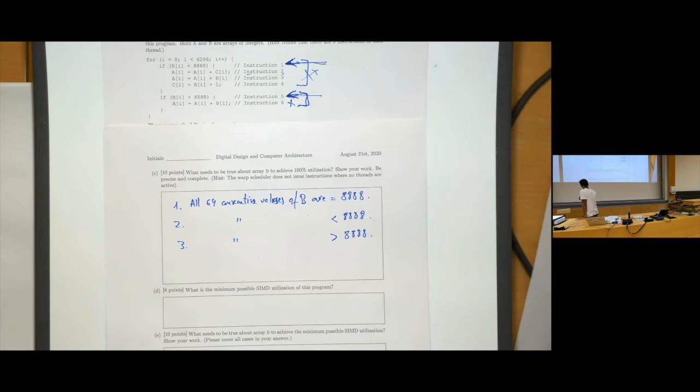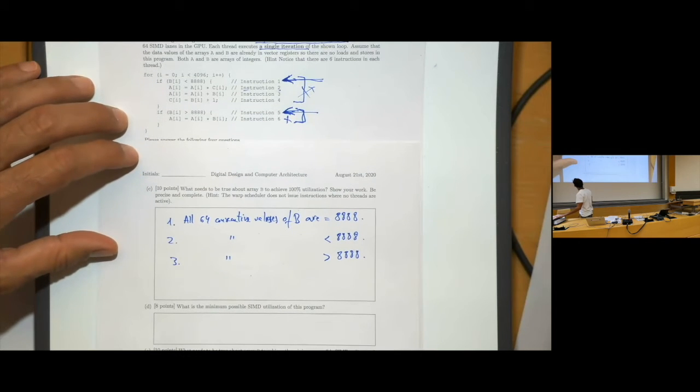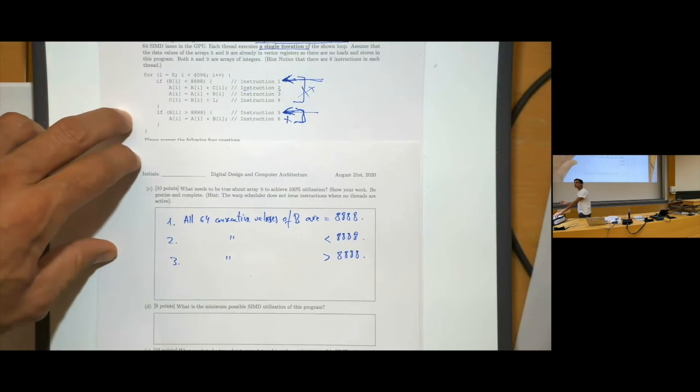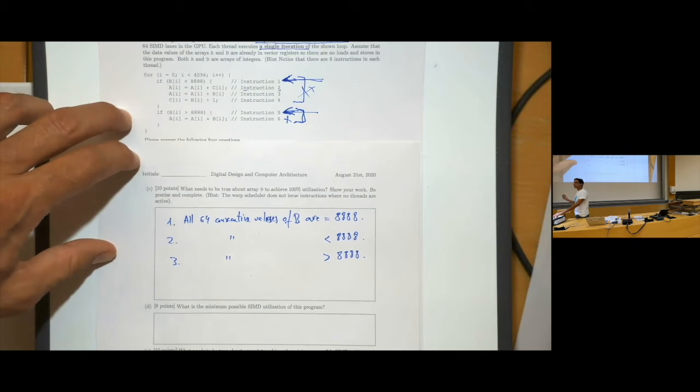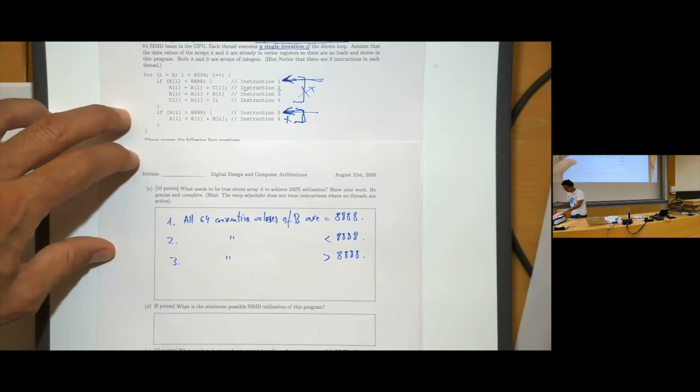Show your work. Please cover all cases in your answer in case there is more than one case. We only came up with a single case. And in this case, what happens is that we have as much divergence as possible. That's the case where the SIMD utilization is the minimum.